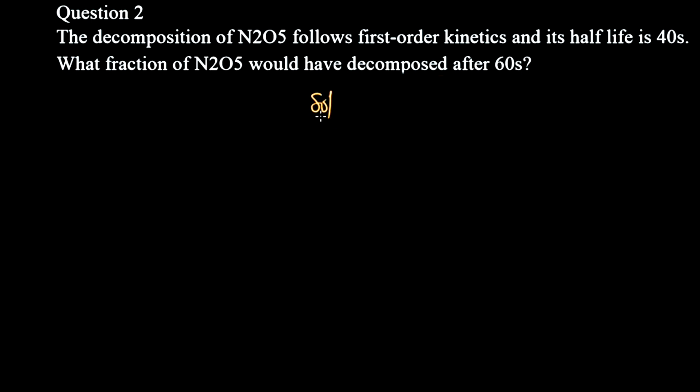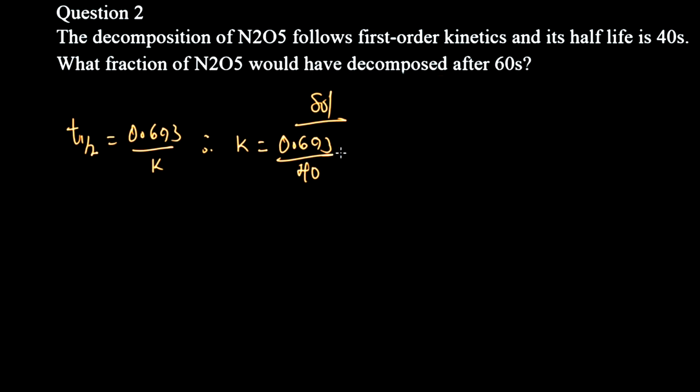So let's have the solution here. The half-life for a first order reaction is represented as 0.693 over K. So K equals 0.693 over 40 seconds, and so we have K equals 0.0173 s minus 1.